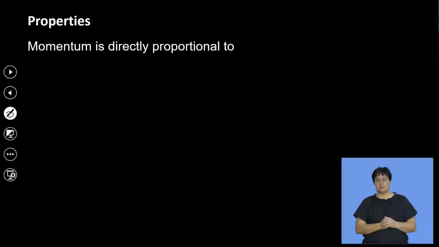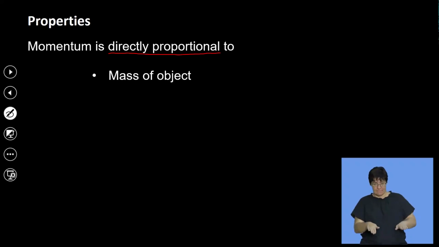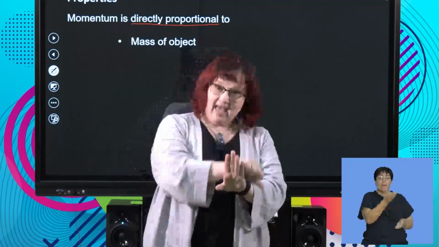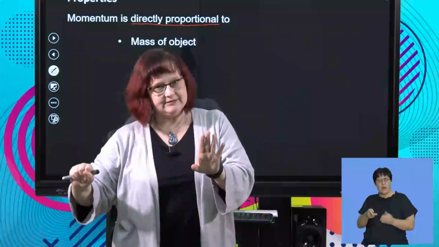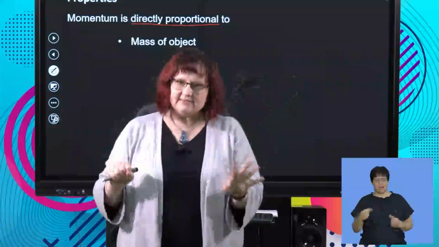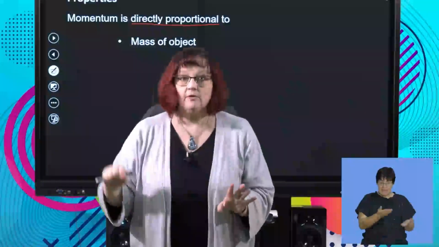Then, momentum is directly proportional, as we've spoken about already, to the mass of the object. We cannot describe mass as being directly proportional to momentum, because mass doesn't depend on momentum.